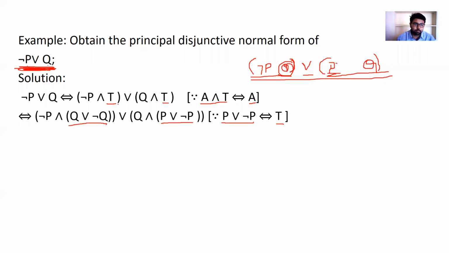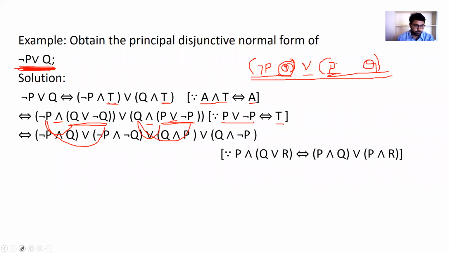In the place of true, I'm going to write Q or negation Q, and in the place of true, the missing term P or negation P. Now I'm going to apply the distributive law: negation of P and Q, or negation P and negation Q. In the same way here, negation Q and P, or Q and negation P.